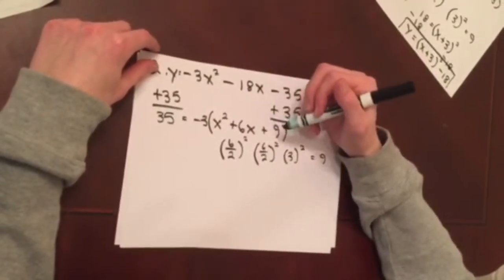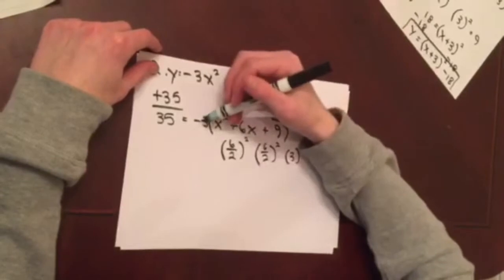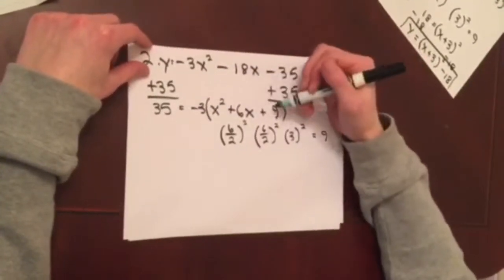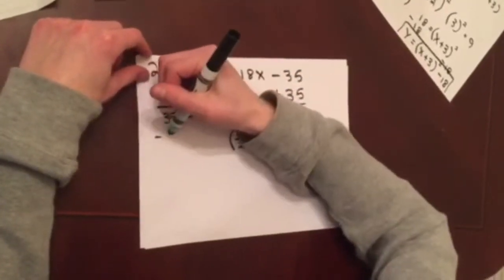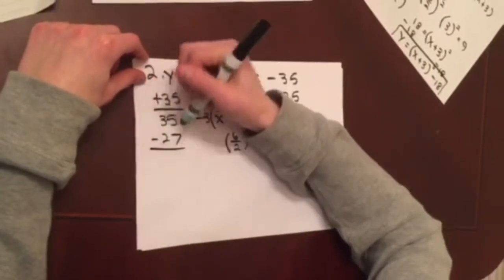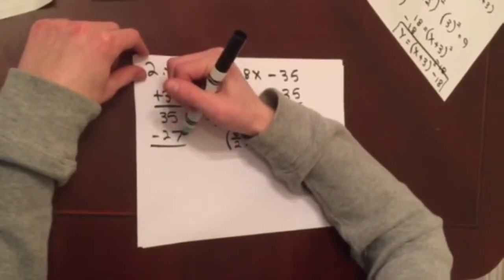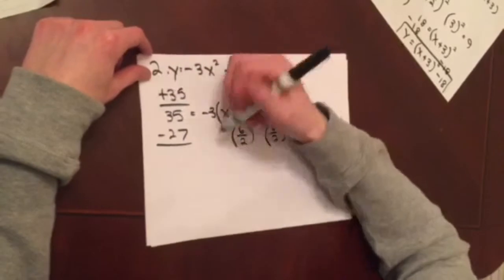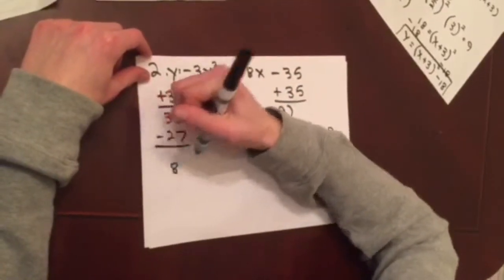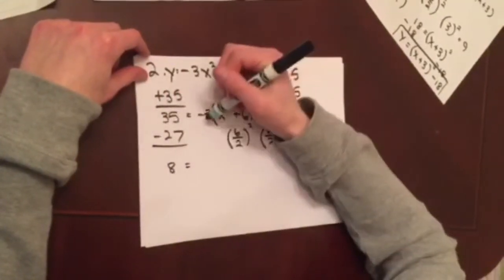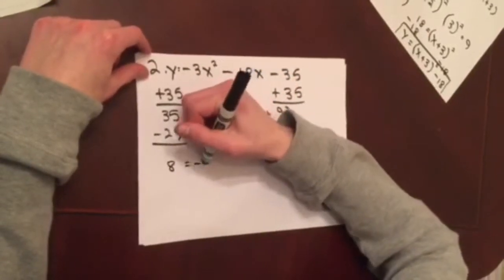So now what we're going to do, we're going to multiply the 9 times the negative 3. So 9 and negative 3 make negative 27. 35 plus negative 27, or 35 minus 27, equals 8. Go ahead and bring the negative 3 down.